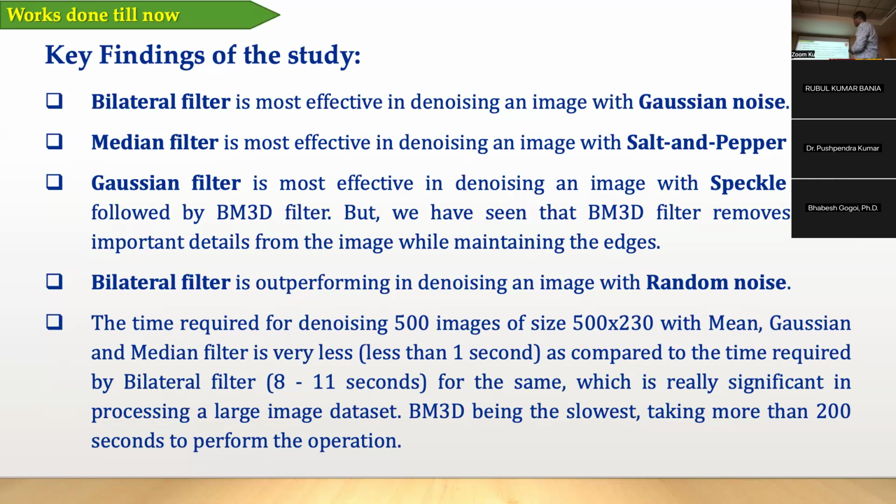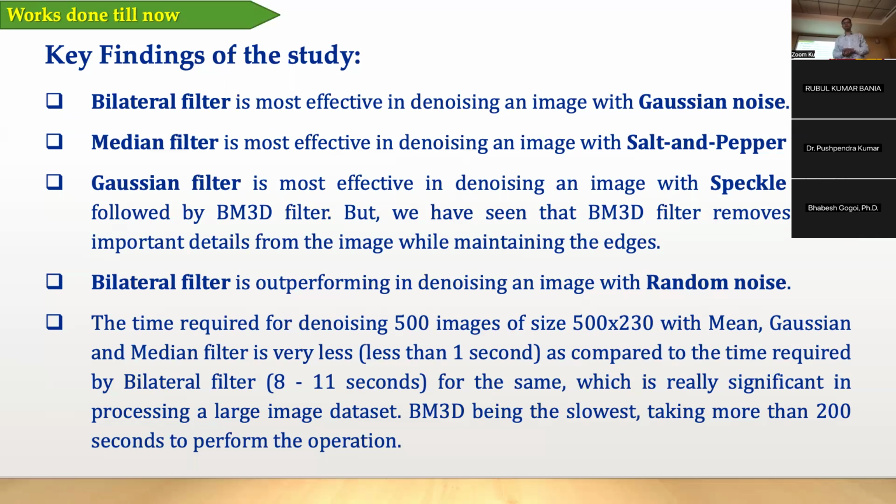We have also studied the time required by all the filters. The linear filters like Gaussian and mean take very little time, for example around 0.3 to 0.5 seconds for denoising 500 images.